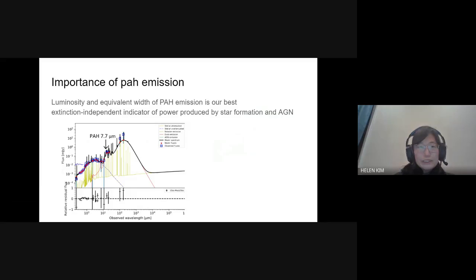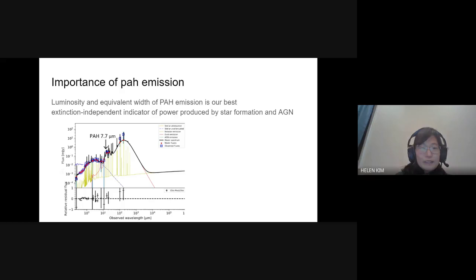So PAH emission is very important, as we just heard, because it is our best extinction independent indicator of the power produced by star formation and AGN. And this is especially important when we want to understand dust-obscured star formation, which is more important at higher redshifts, especially when we can no longer directly observe the optical emission.